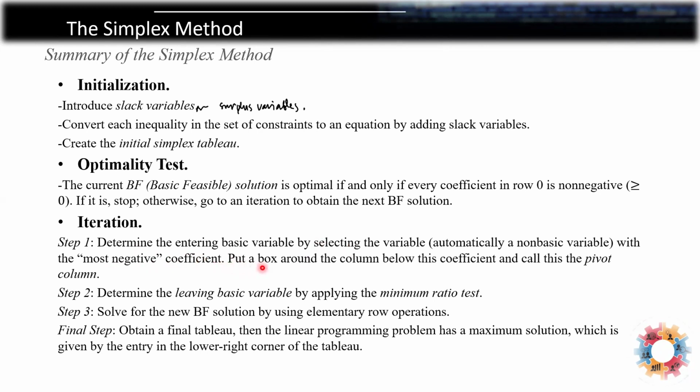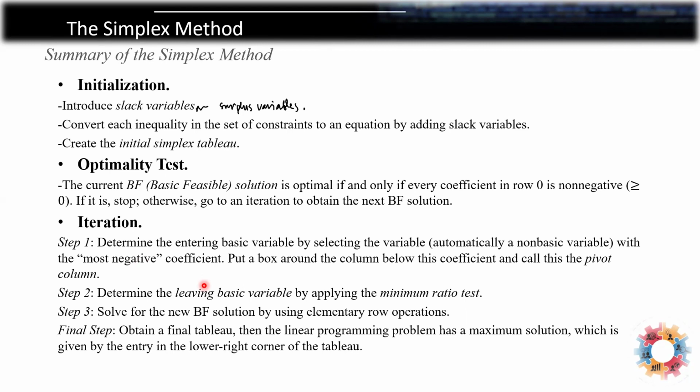The column with the most negative coefficient will serve as your pivot column. So mark that column with a box. Then in step 2, you determine your leaving basic variable by applying the minimum ratio test. The variable that corresponds to your pivot column will be your entering variable, the entering non-basic variable.